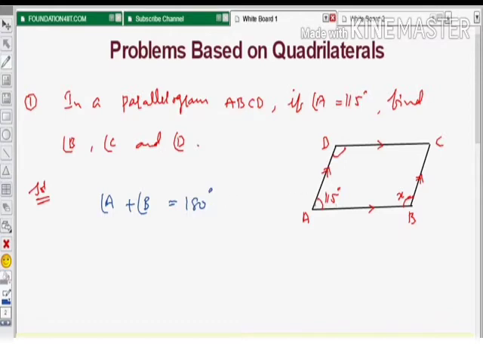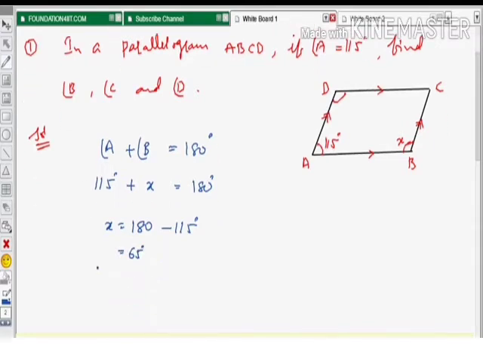So always, the sum of adjacent angles, co-interior angles, is 180. Angle A is 115 degrees plus angle B, which I took as X, is 180 degrees. Then X is equal to 180 minus 115, which is 65. Therefore, angle B is equal to 65 degrees.